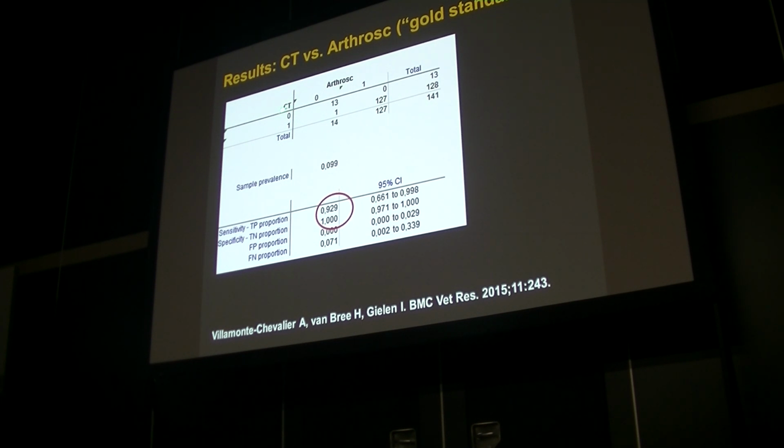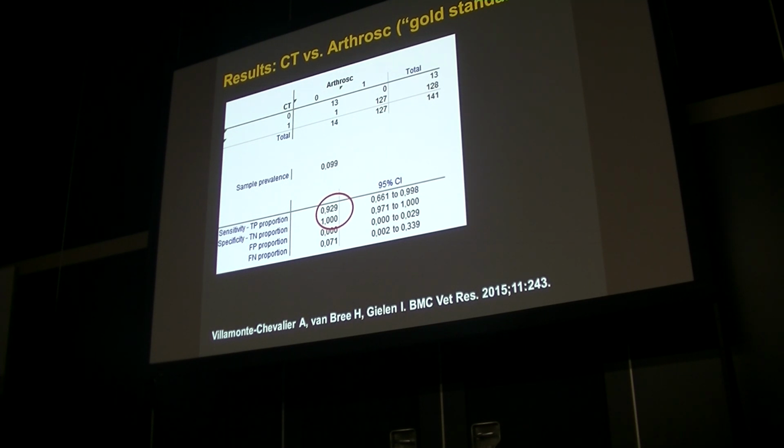The ones that were scored as having pathology, scored 1, were also checked arthroscopically. That were 128 cases on CT, and almost all could be confirmed on arthroscopy as having coronoid pathology. One had a negative arthroscopic finding, meaning this was a false positive result.